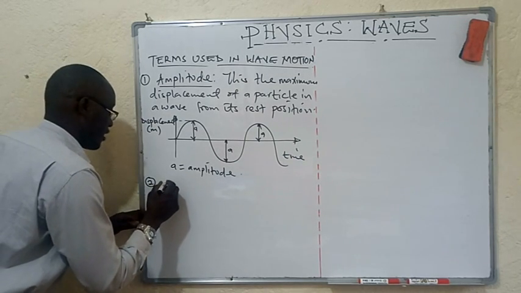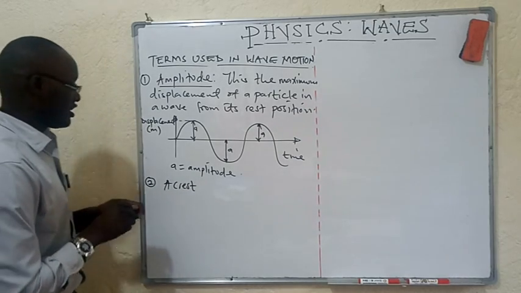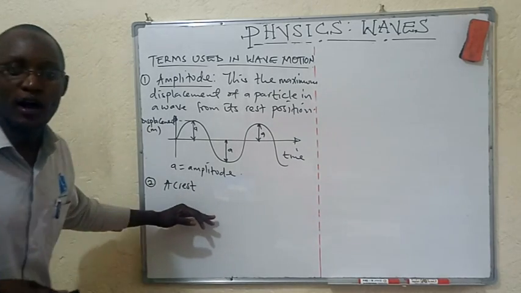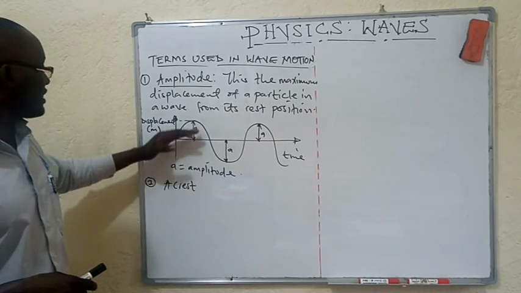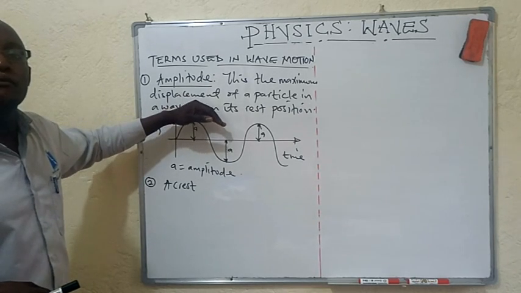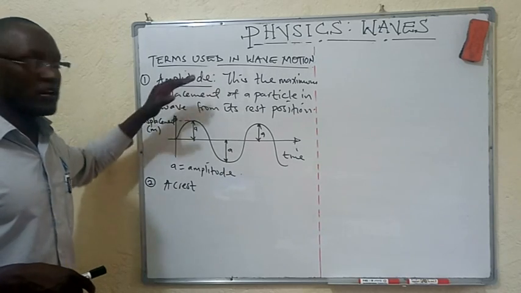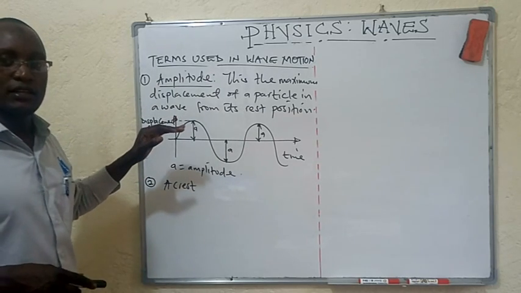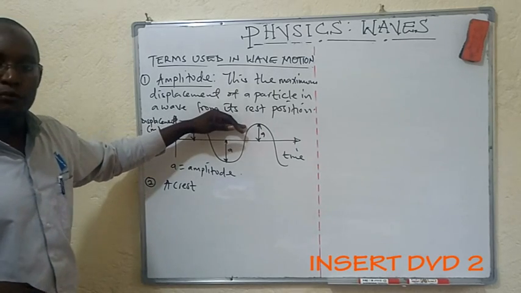Okay, dear viewers. Now let us look at a crest on a wave. Oh, now we are going to see that for a transverse wave, a crest is a point of maximum displacement above the rest position.